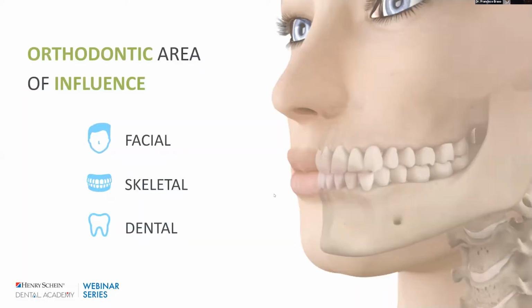The orthodontics area of influence is the facial, the skeletal, and the dental structures. So we have to have the ability to see these structures three-dimensionally. We always have pictures, we always have two-dimensional x-rays, but we never have the opportunity to see everything in 3D.